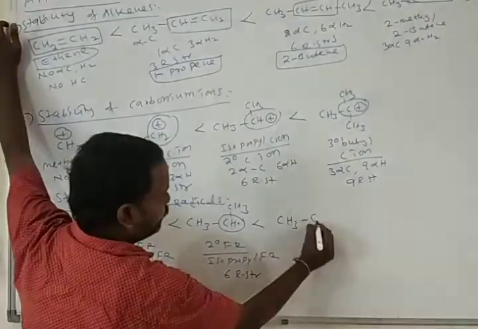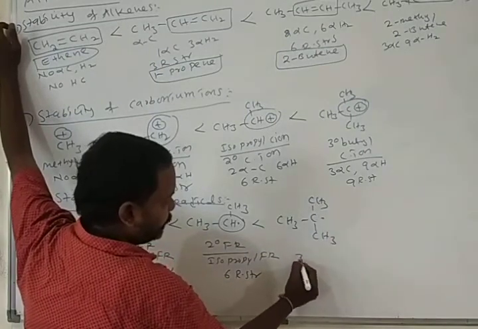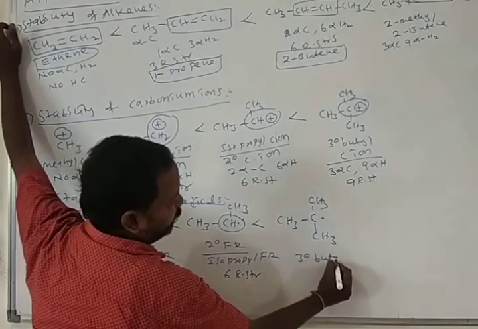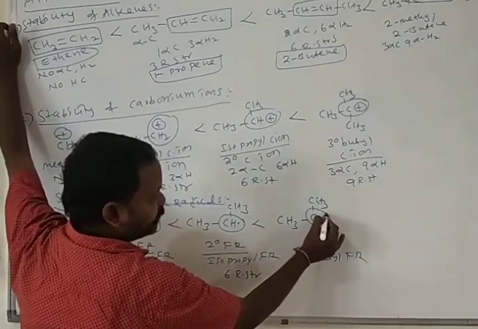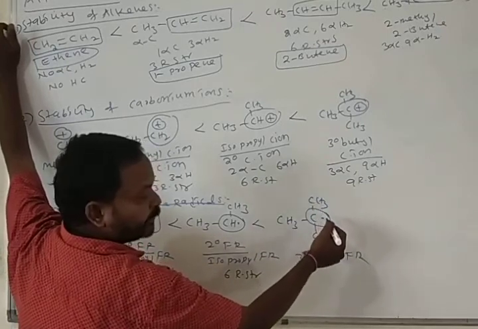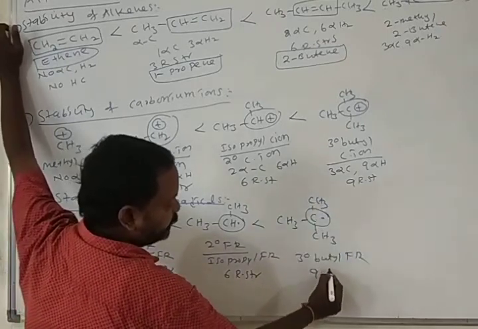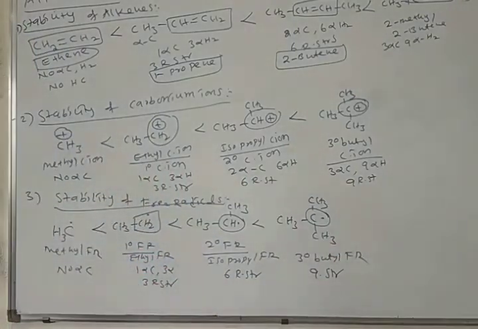See here, tertiary free radical, tertiary butyl free radical. Here is the functional group. Here 3 alpha carbons, 9 alpha hydrogens, 9 resonance structures. So tertiary free radical is more stable than secondary free radical.